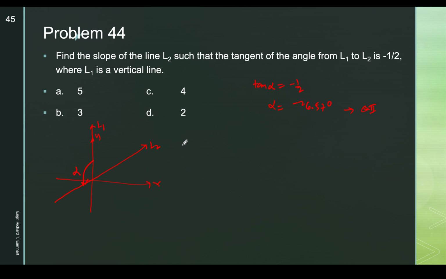Now the slope of L2 is tangent of theta, so this is your angle theta, which happens to be equal to this angle. And from this diagram, your theta is alpha minus 90 degrees.